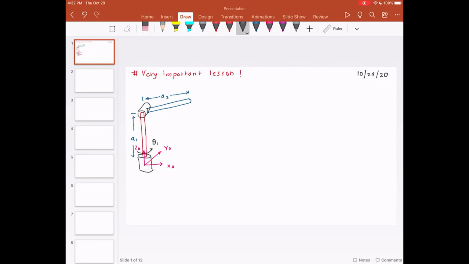This is theta 1. And let me set up the coordinate system for this guy, which is something like this. And x1, y1, z1.